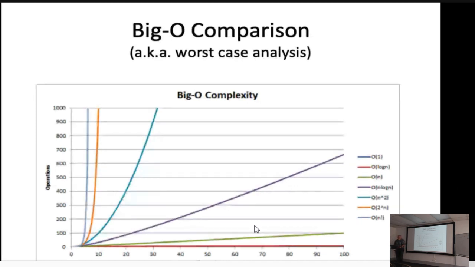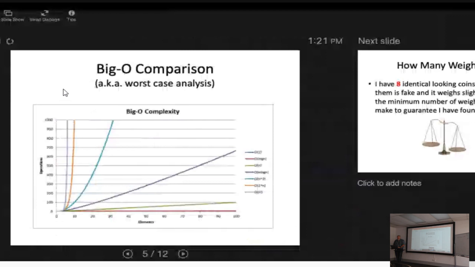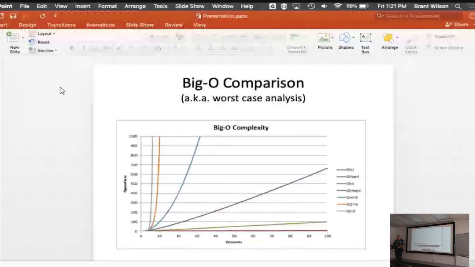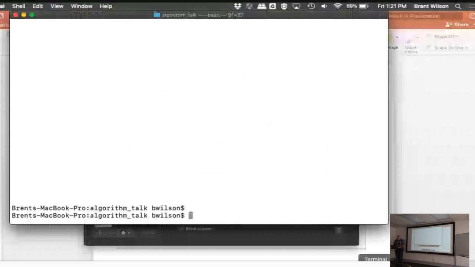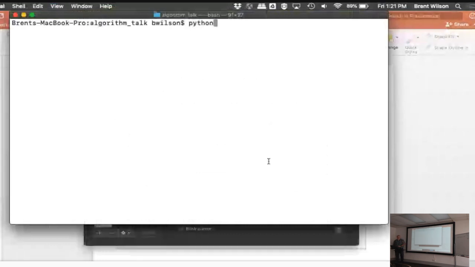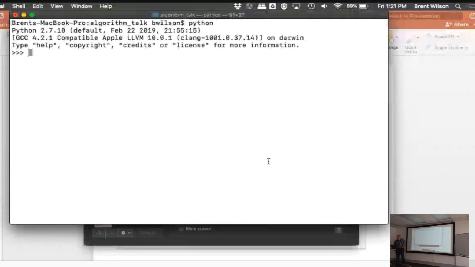So as an example, just to give you a feel of how long these are going to take, we're going to go over here and use some Python real quick. Python's an awesome little language. So I'm just going to go into the Python interpreter for a second. Let's say that we're dealing with something that has 1,000,000 elements.